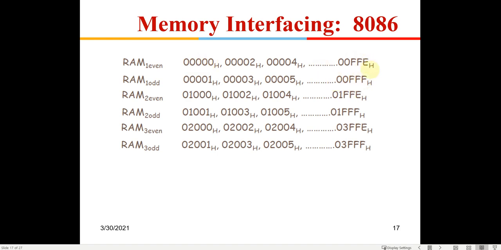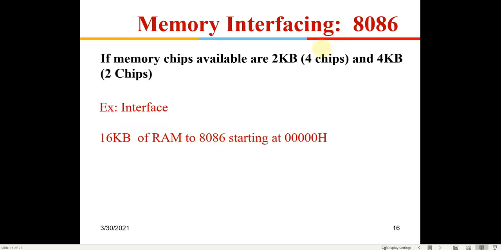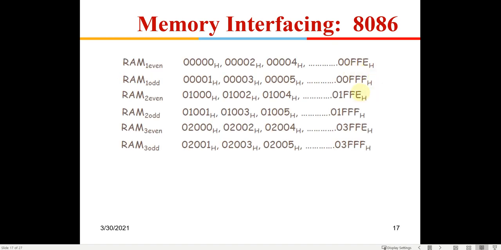So this is going to be 2 KB 4 KB together, and again we have 4 chips, so another set again from 00. Now to distinguish it, we have put a 1 out here to make a difference between this and this. This one goes from FFFE to FFFF.